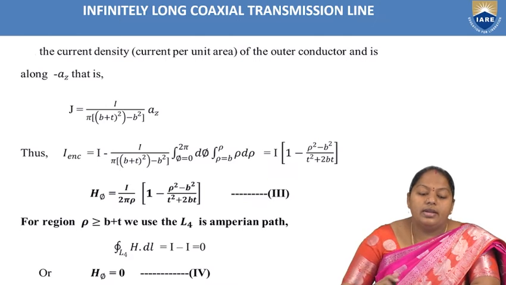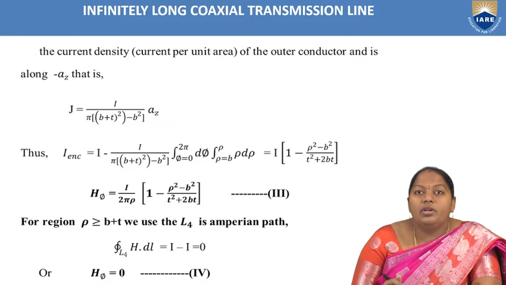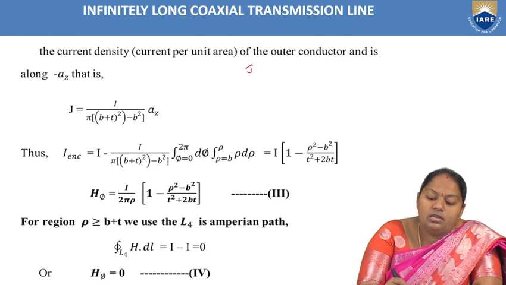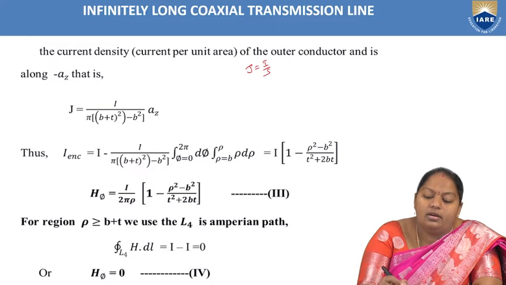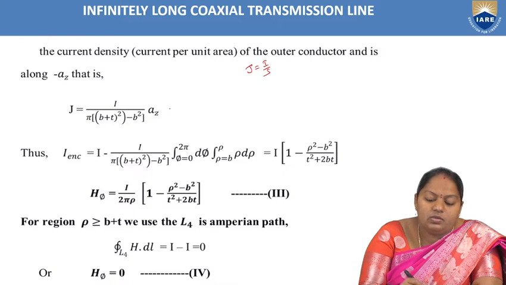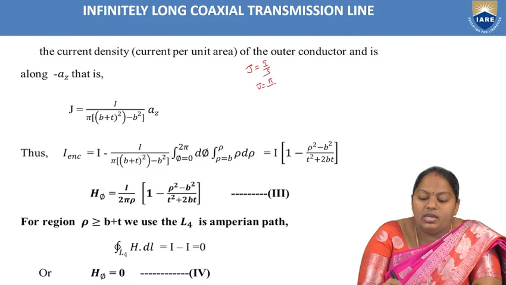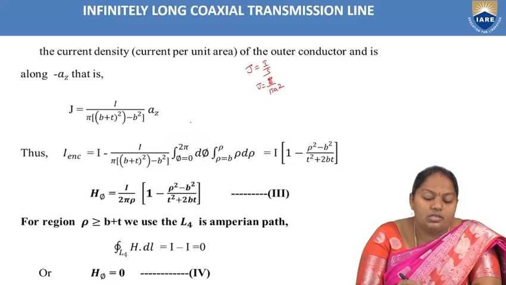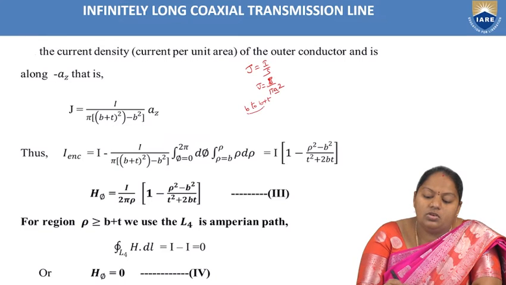Then the current density means the current per unit area. As we know, it is the outer conductor and is along the minus az direction. Hence J can be written as in the first case, where we evaluated J as I by pi a square. Now, here the radius along with the thickness for path L3 ranges from B to B plus T. Hence, in place of A, these are the two variables.